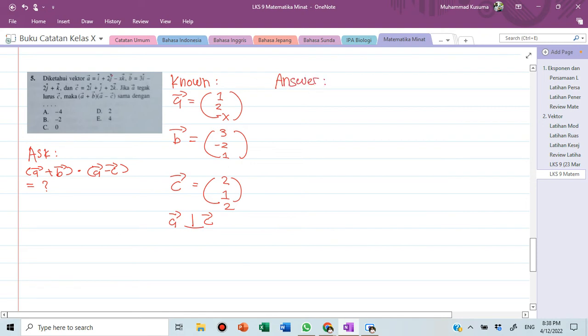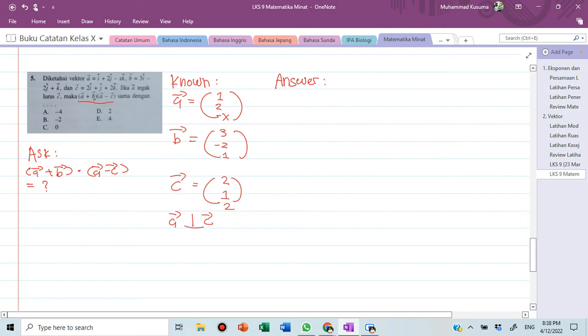First thing first, we want to know the value of this, right? Now we have to check whether we already know all of the vector coordinates. Let's check b first.